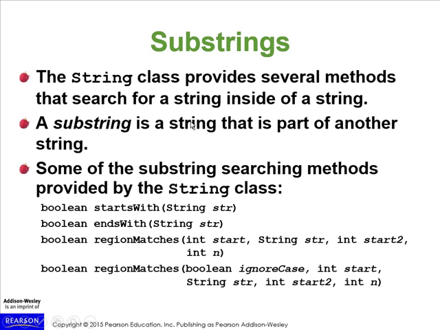Some of the things for substrings, hopefully this makes sense to you: startsWith, endsWith, all right? regionMatches. Again, there are a lot of different ways that you can handle strings.